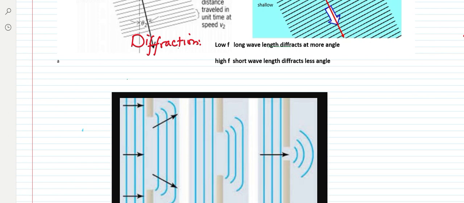It means if the wave has low frequency, it must have a long wavelength and the angle of diffraction will be more. If the frequency is high, it means there will be a short wavelength and the wave diffracts with less angle.